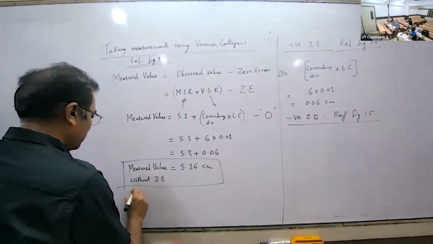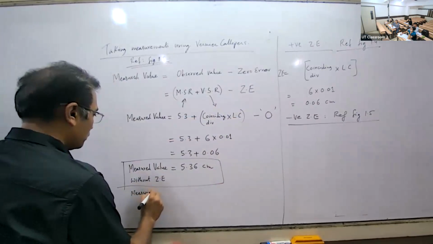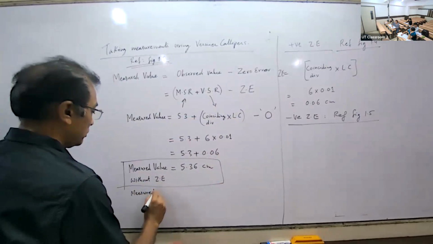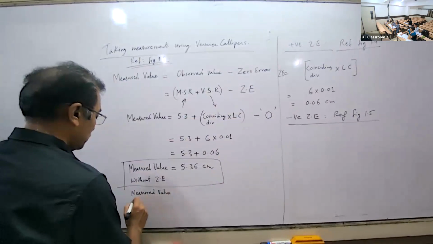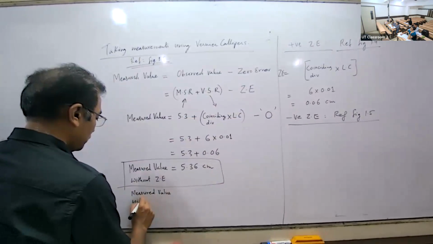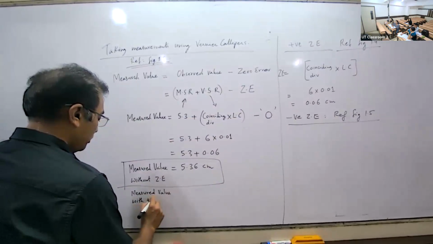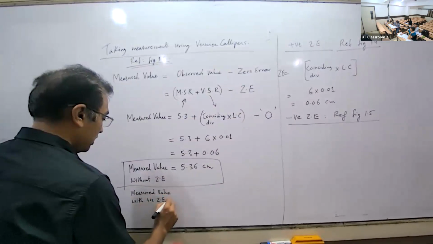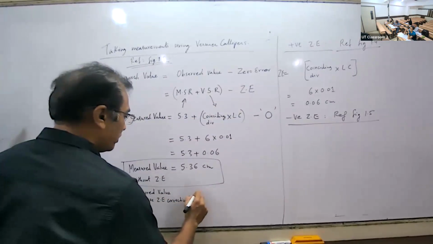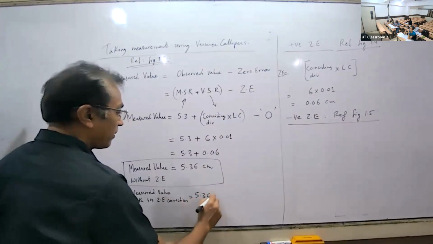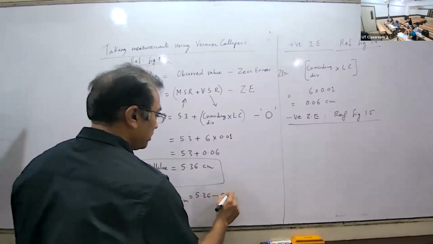So the measured value with positive zero error correction is equal to 5.36 minus 0.06.